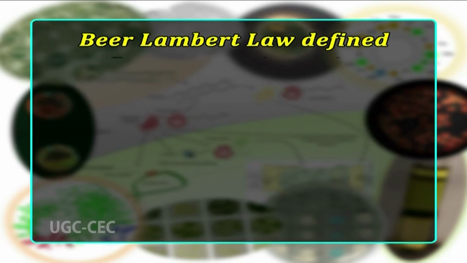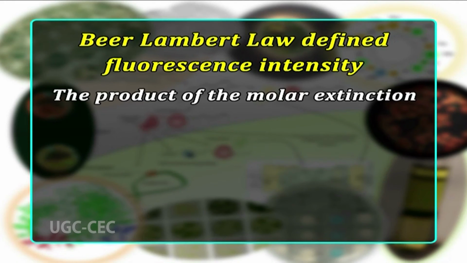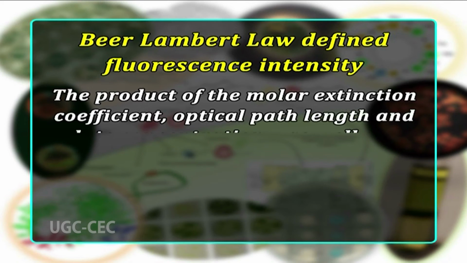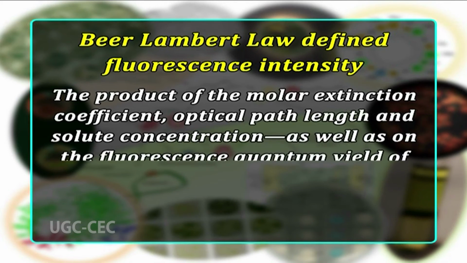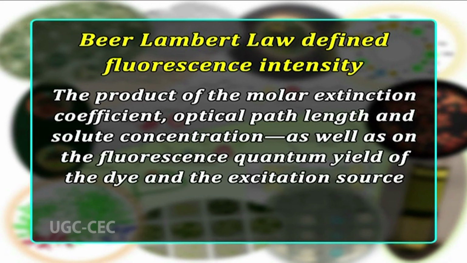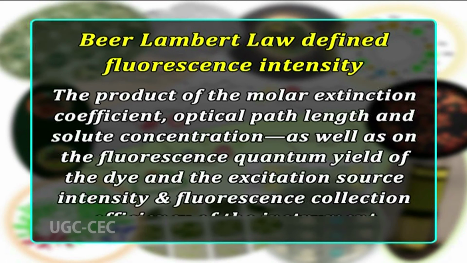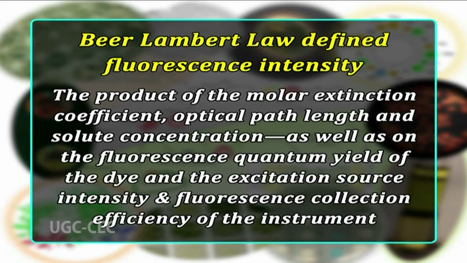Regardless of the application, compatibility of these four elements is essential for optimizing fluorescence detection. Fluorescence intensity is quantitatively dependent on the same parameters as absorbance, defined by the Beer-Lambert law as the product of molar extinction coefficient, optical path length and solute concentration, as well as on the fluorescence quantum yield of the dye and excitation source intensity and fluorescence collection efficiency of the instrument.